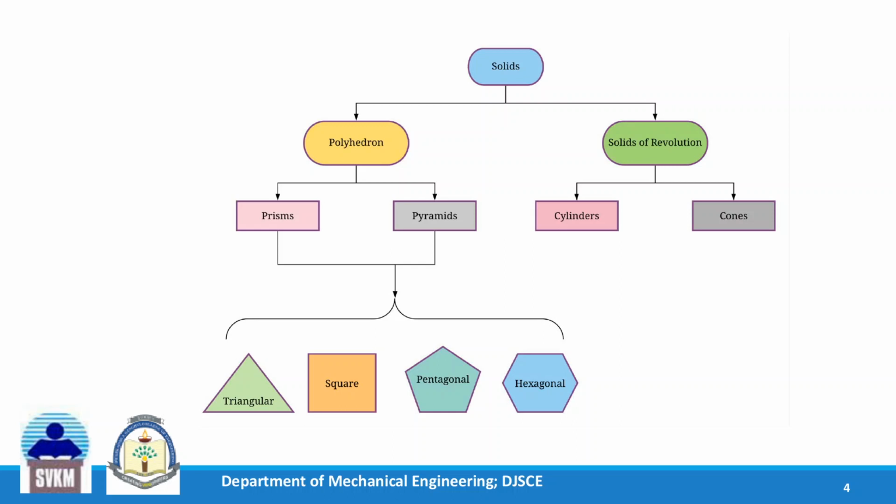So prisms are bounded by 2 bases and rectangular faces joining these 2 bases, whereas pyramids have 1 polygon as a base and an apex. Both prisms and pyramids are of various types depending upon the shape of the regular polygon of the base. They can be triangular, square, pentagonal, hexagonal, and so on.